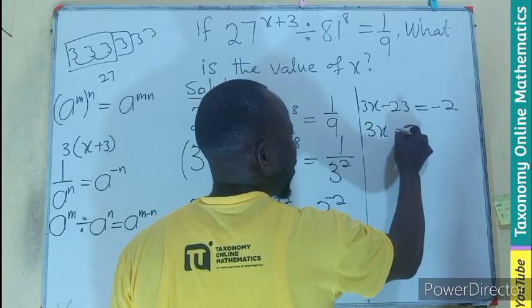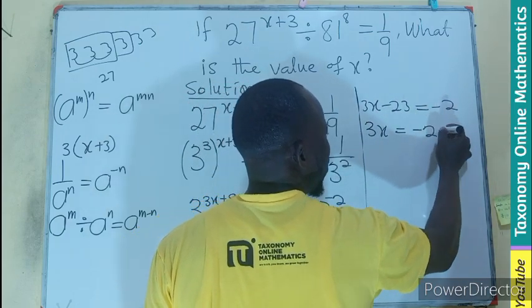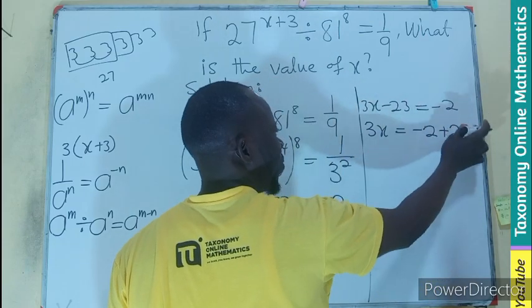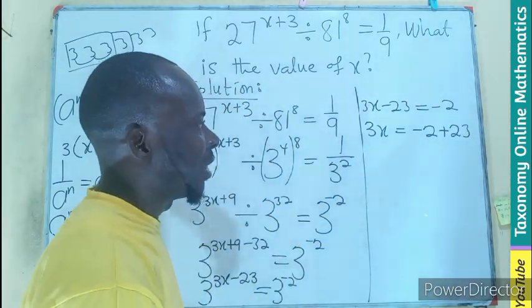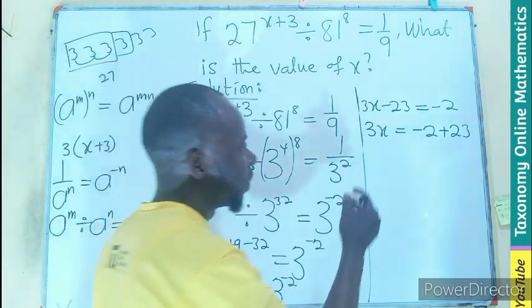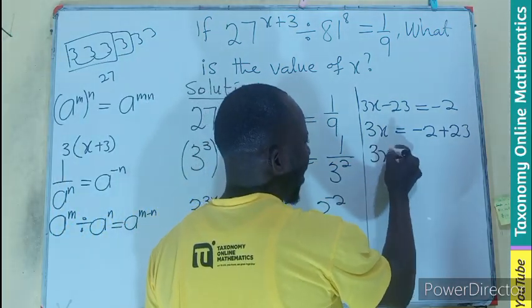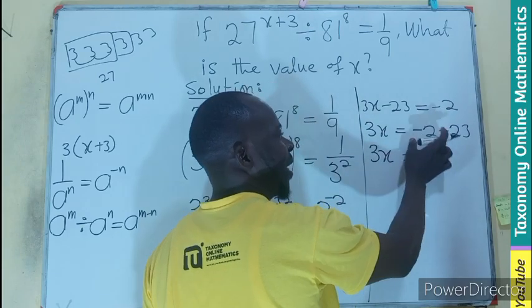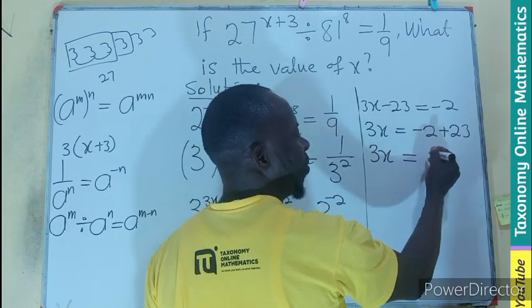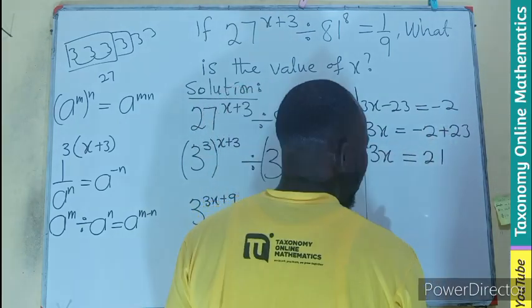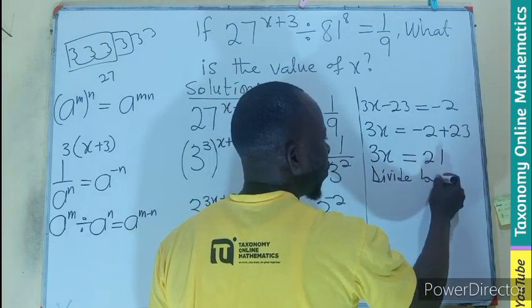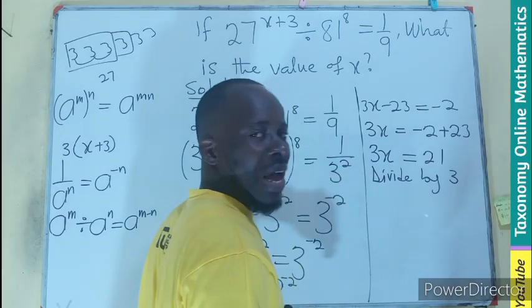That will be 3x equals to minus 2 plus 23. Negative becomes positive if you add the 23 to both sides. So I'll be having 3x equals 23 minus 2, and that will be 21. So let's divide by the coefficient, which is 3, right?